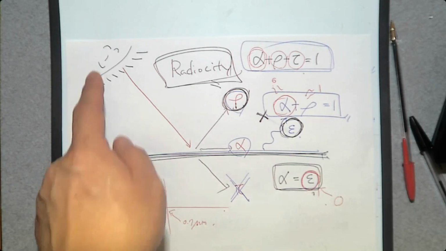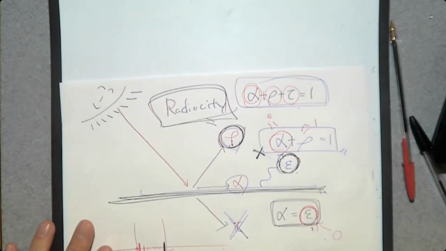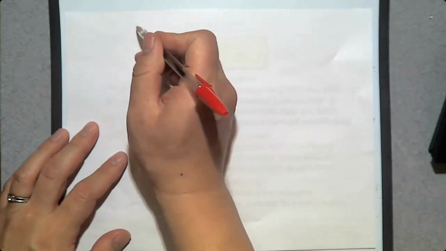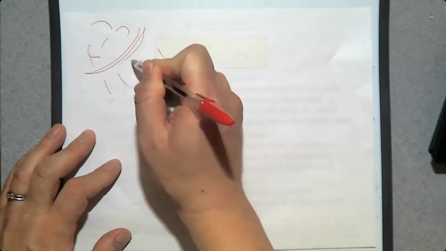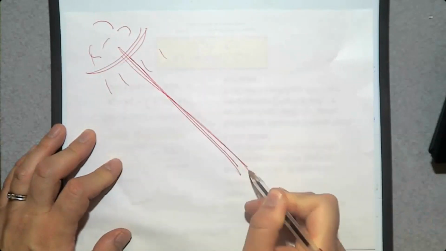Then let's talk about the sun and the earth. So there is the sun, and radiation is coming to the earth. That's the earth, okay? Sun, earth. What is the effective surface temperature of the sun?